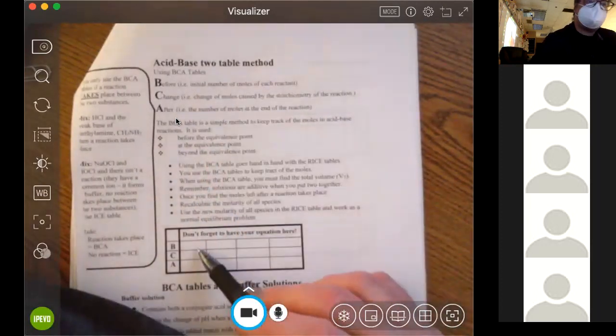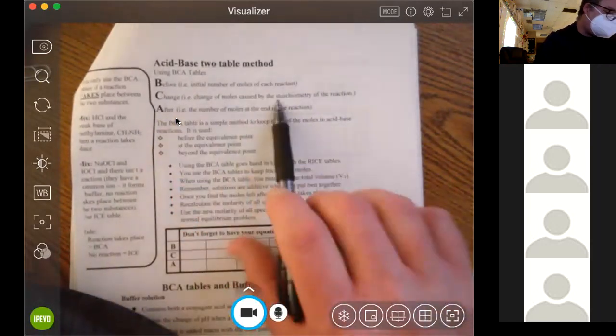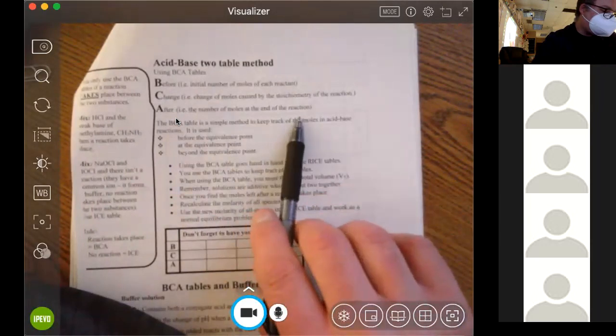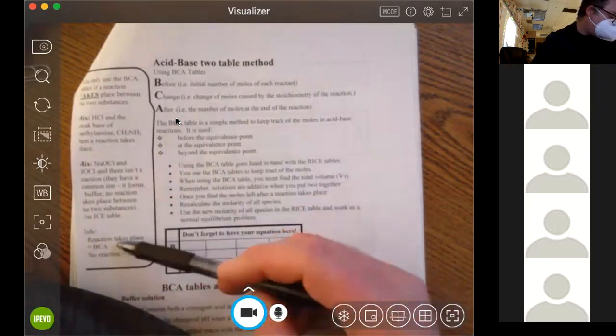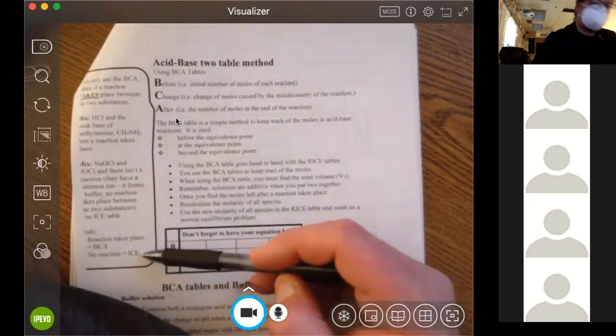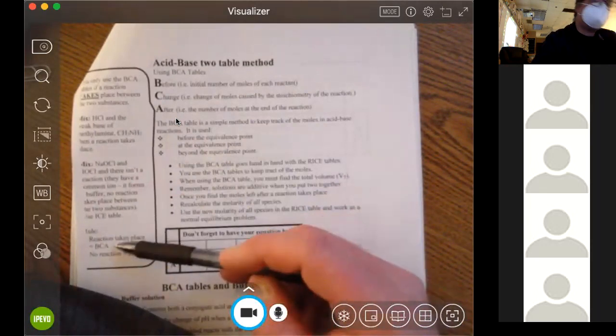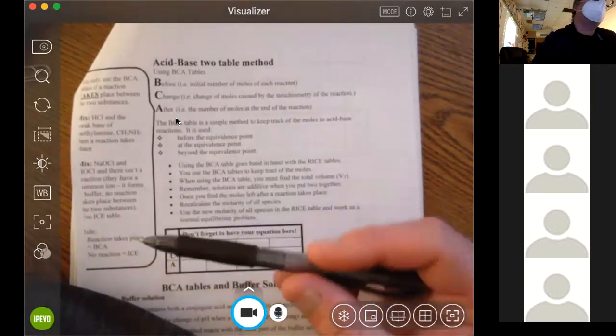In here, instead of concentration, we will use moles. The change as the reaction takes place, and then your after number of moles. Hopefully you can see it says basically if there's no reaction and you're dealing with equilibrium, you use the ICE table. If a reaction actually takes place, then you use the BCA table: before, change, and after.